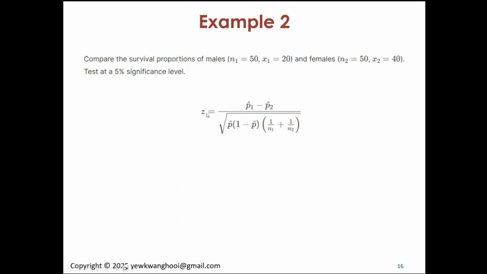Then you get the calculated Z. Again, you need to do two kinds of Z. One is the calculated Z that you use formula, and then the other one is the critical Z that you refer to the table. And then if the calculated Z is bigger than the critical Z, you can reject the hypothesis, say that no, they're not the same, proportion is different.